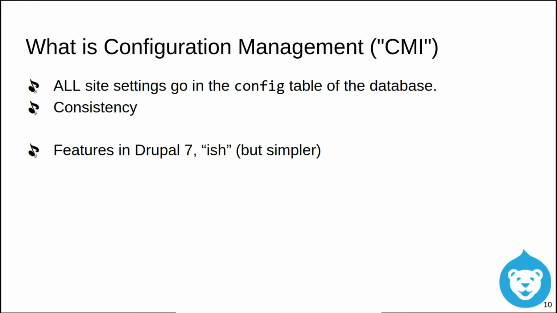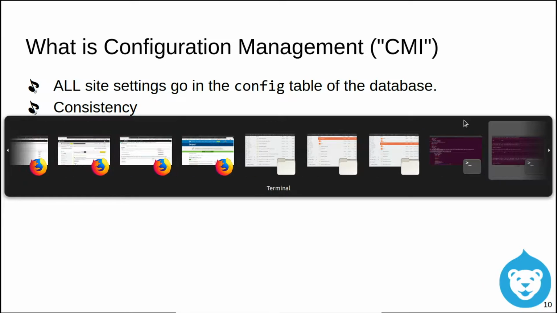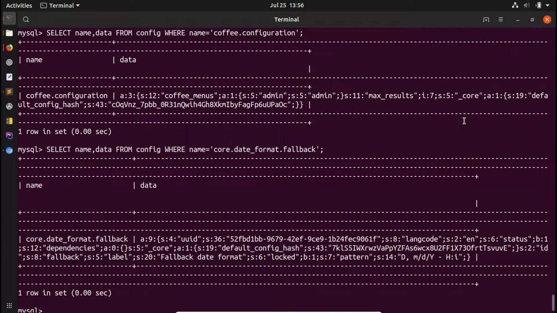So with Drupal 8, the configuration management system means that you have consistency specifically in the way that site settings are stored. An example of that: here I have already put into the oven and I'm ready to show you my final product. We have two queries here. All I'm doing is showing you two entries in the config table.